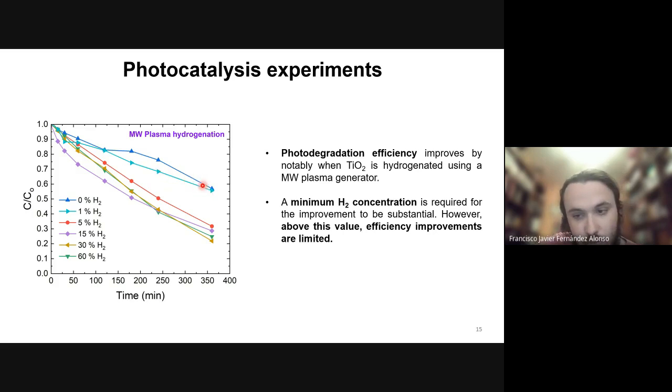However, when we introduce more than 5% hydrogen, the improvement in the photocatalytic efficiency saturates. When you introduce more than 5% of hydrogen, the results you obtain are more or less similar.